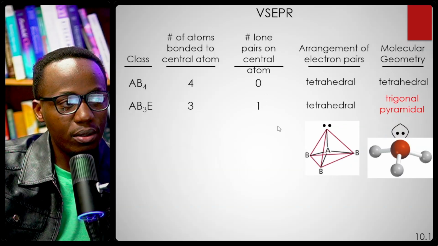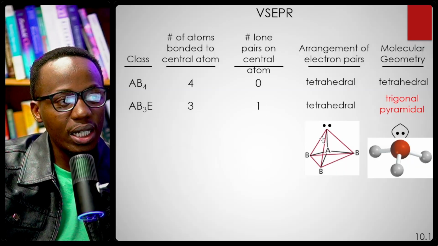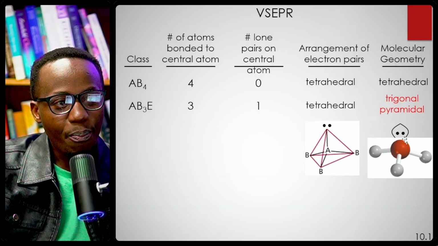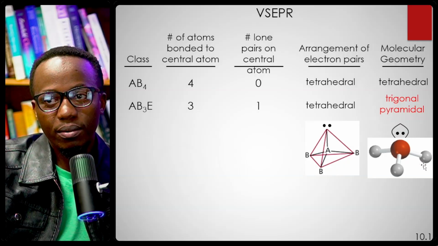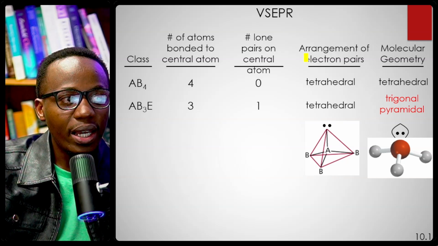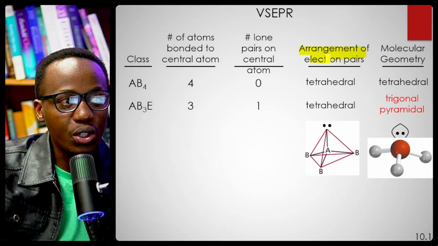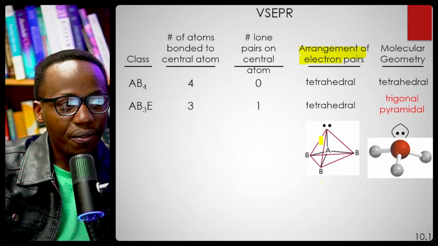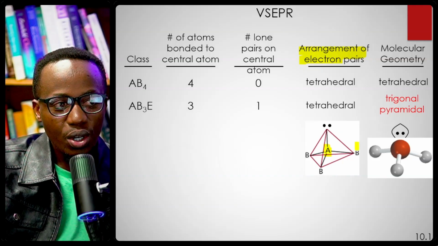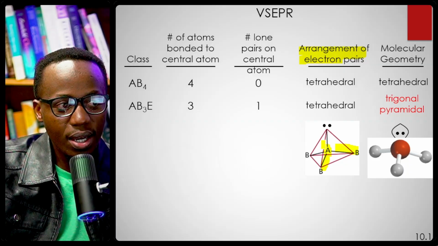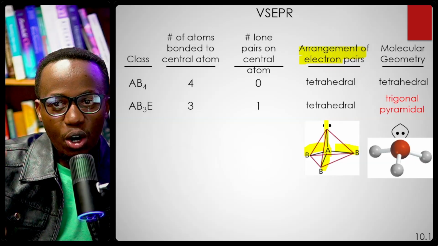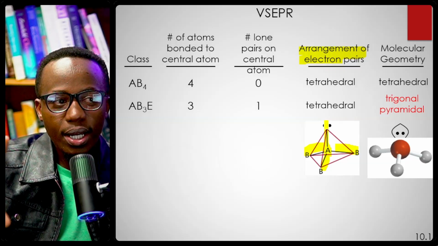If you have one pair of electrons and then you have three things bound, this is the one that we looked at, NH3, right? The pair of electrons is going to push down. I want you to see something very important here. You have the arrangement of electron pairs, right? If you look at electrons, you have electrons here, here, here, here. So the electron geometry is tetrahedral.